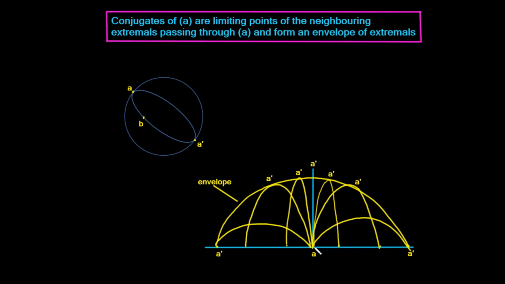And the same in this instance when it came to the projectile, u of x will be 0 at a and it will be 0 at all of these points here, which are the a dash, which are the conjugate points, which in this case map out an envelope. So that's what we talked about in the previous video.